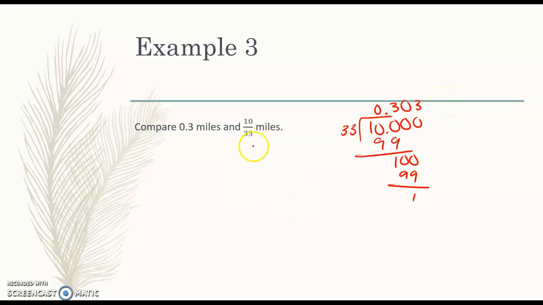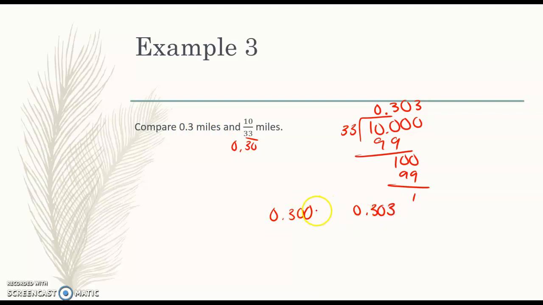And so I know that 10/33 is 0.30 repeating, which you may say, okay, well, 0.3. At this point, to compare, I'm going to take 0.3 and I'm going to expand it. I'm going to compare it to our 0.30 repeating. All right, so the first two digits are the same. The third digit for 0.3 miles is another 0, whereas my 10/33 is a 3.